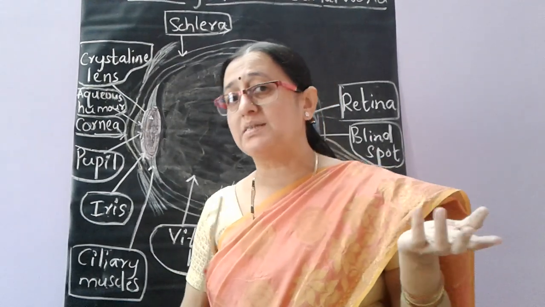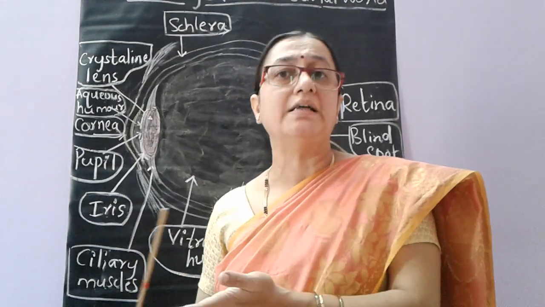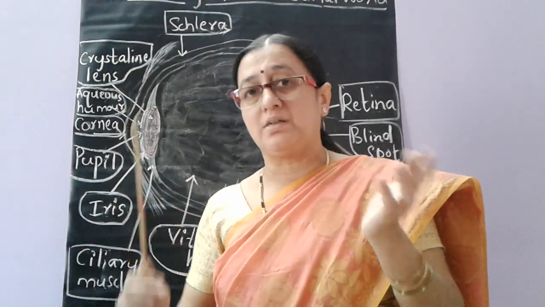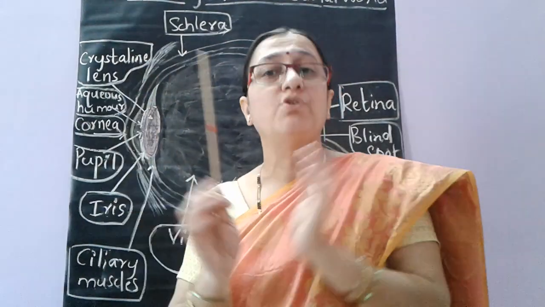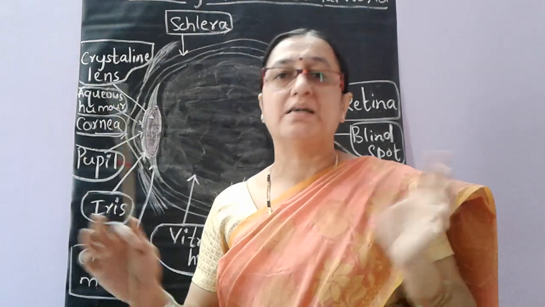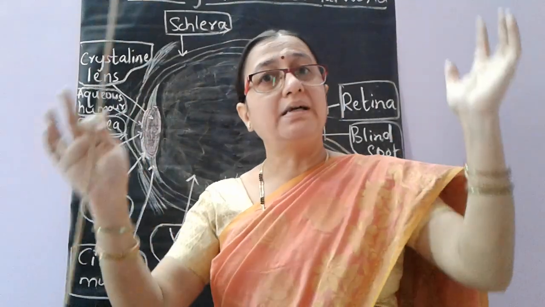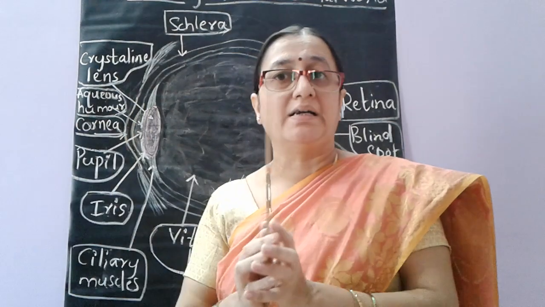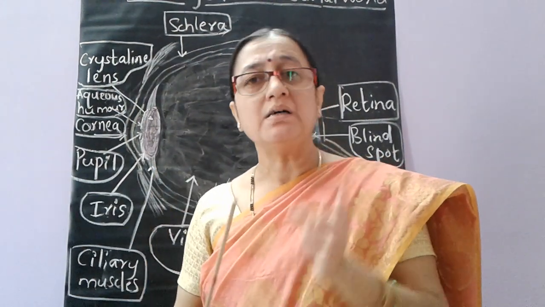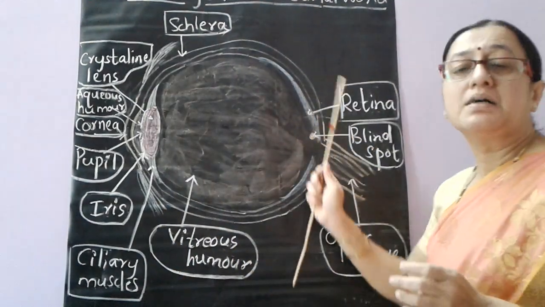If rods and cone cells were not present in the retina, we wouldn't see this whole colorful world. We could have got only black and white. So the colors and the brightness we see outside are possible because of the rods and cone cells present on the retina here.